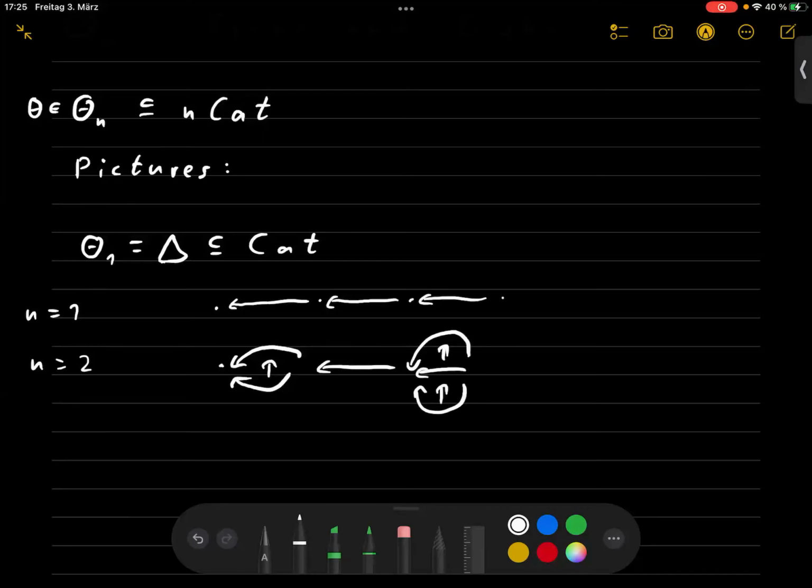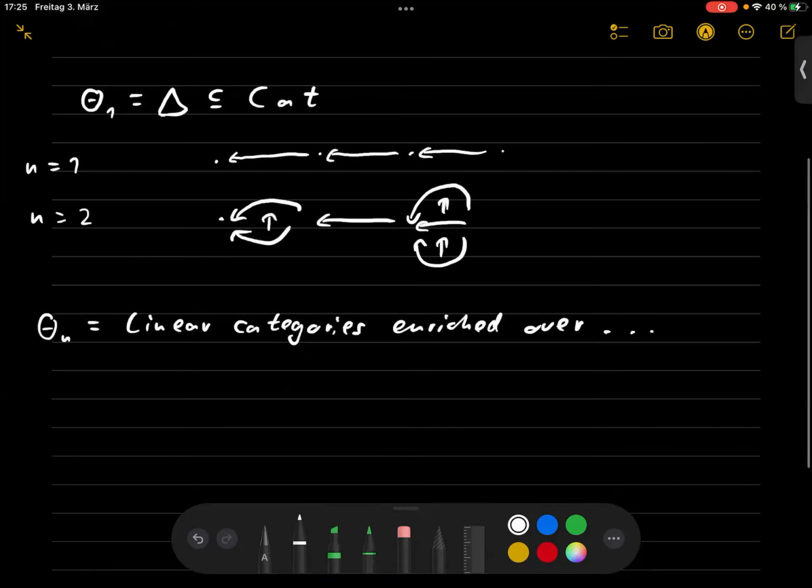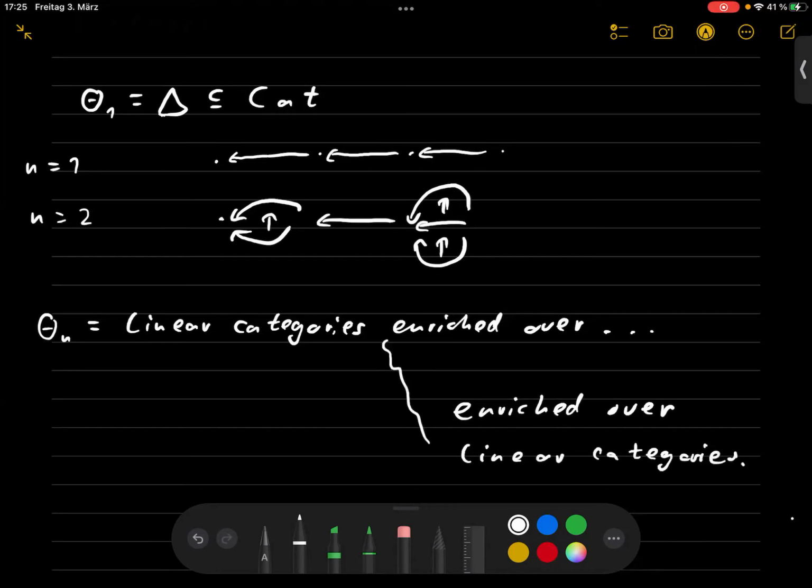And in general, theta n are linear categories enriched over linear categories, and this is repeated n times.